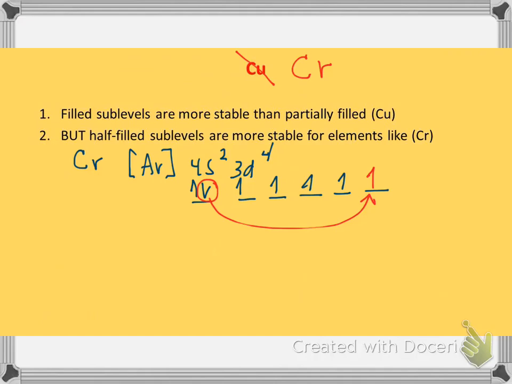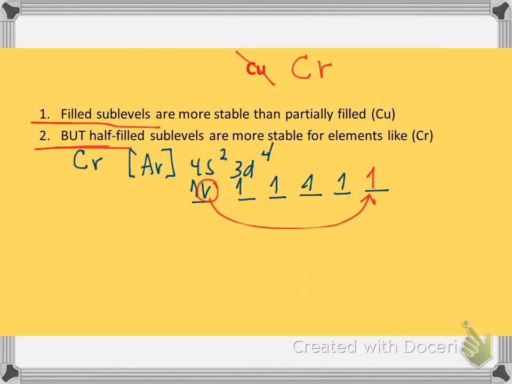Okay, so what we said earlier was the filled orbital sublevels are more stable than partially filled, but half-filled are more stable for an element like chromium than having one that is unfilled.